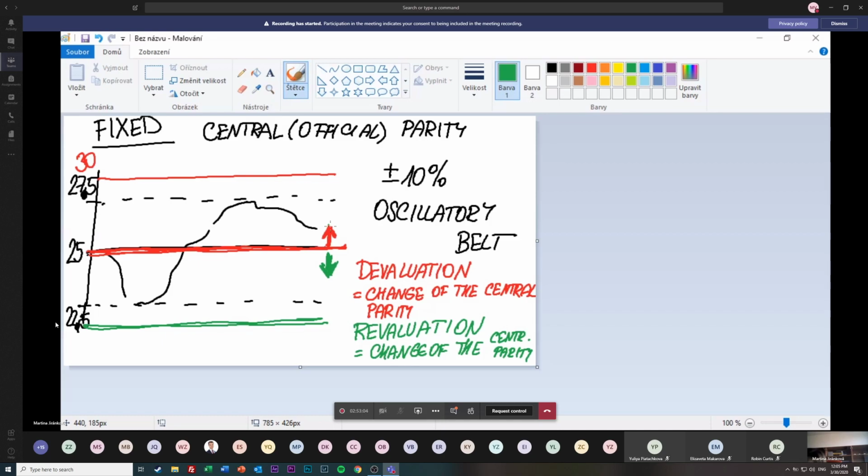Exchange rate regimes. Please write now. What is it? Crawling peg. What is crawling peg? It's a form of the fixed exchange rate.